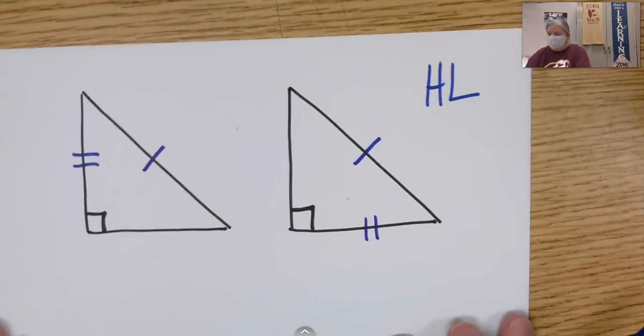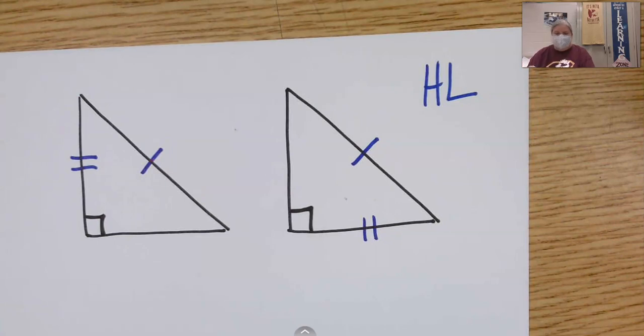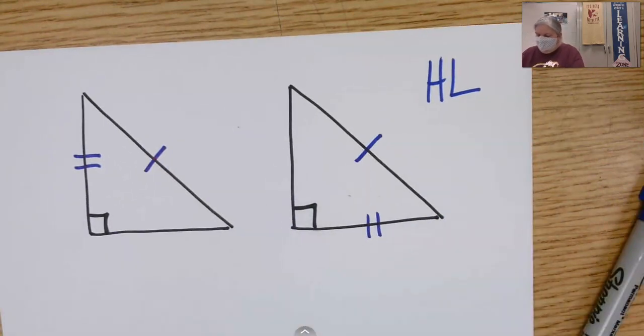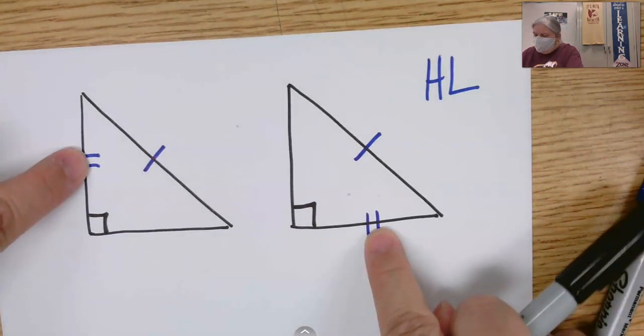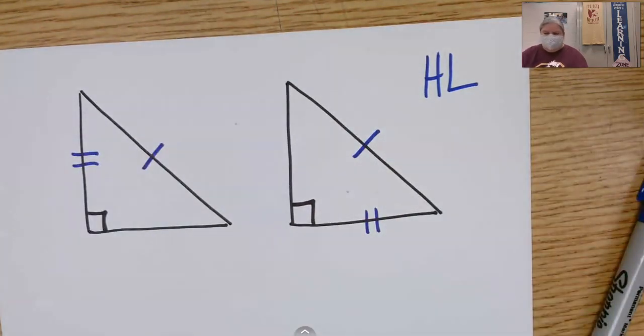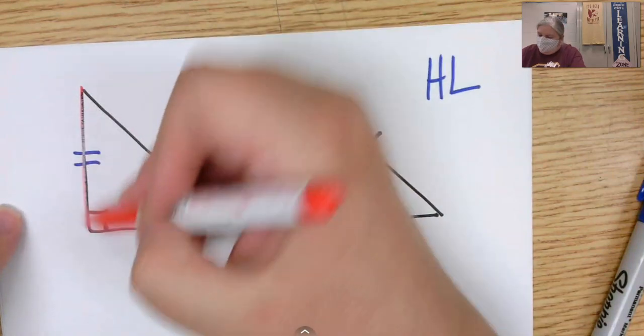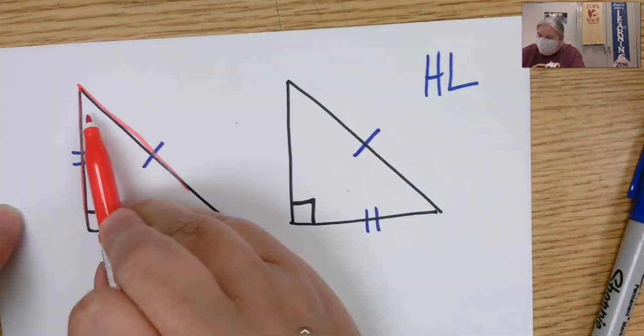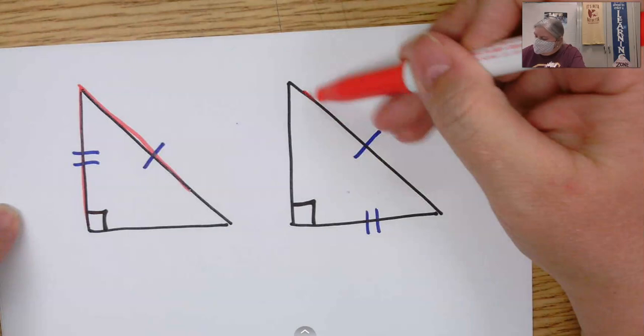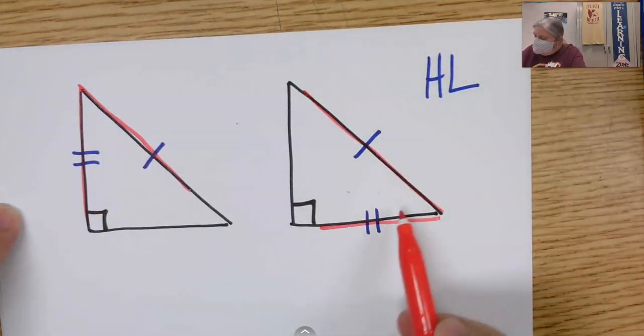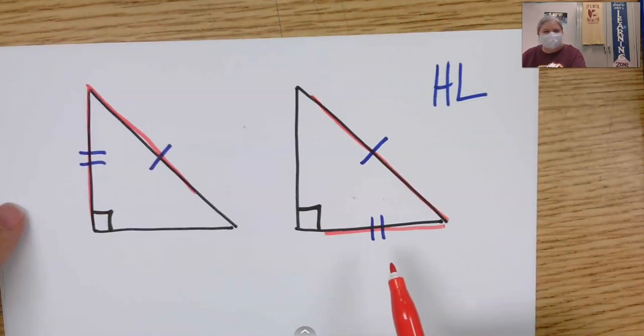Here's why. Let's look at what this would be if it weren't a right triangle. What if these were just congruent angles? Pair of sides congruent, pair of sides congruent. The included angle would be right up here. The included angle for this one would be right down here. That's not the included angle.